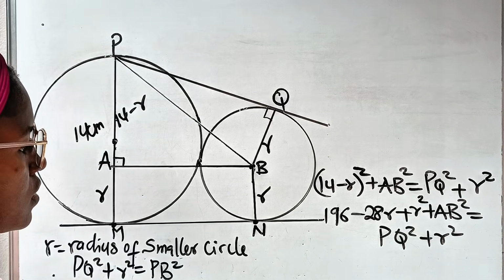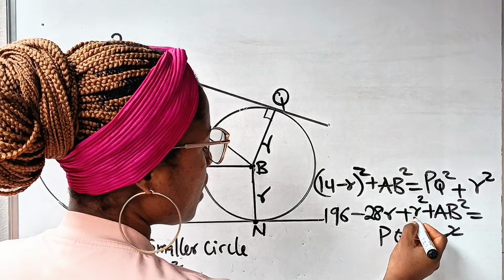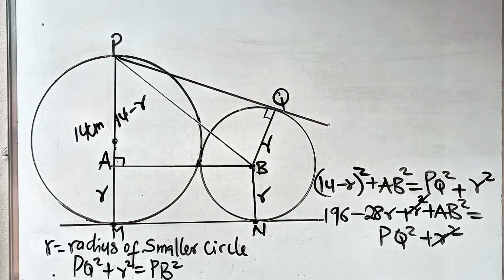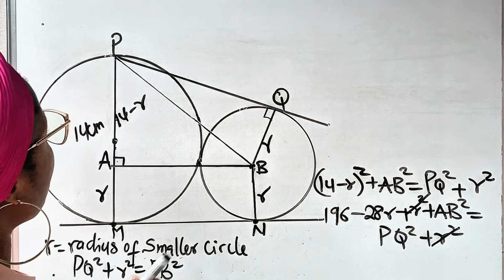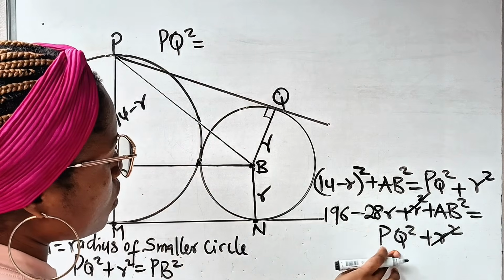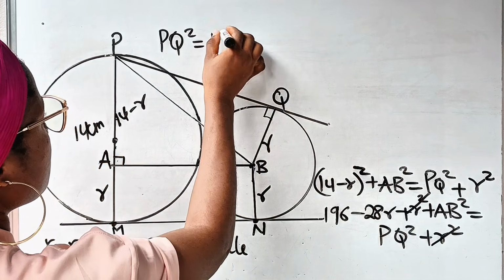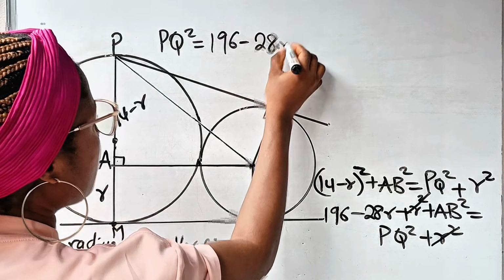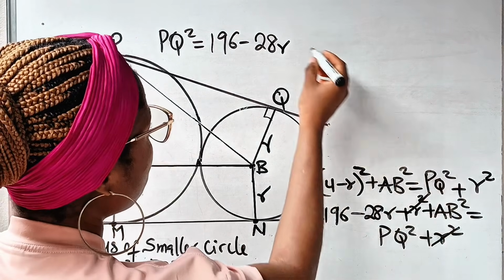We have r squared here and r squared here, so both of them will cancel out. So we have PQ squared equal to 196 minus 28r plus AB squared.